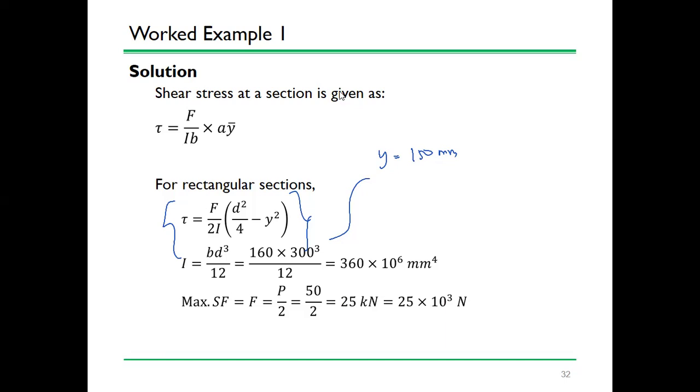Any answers so far? Hey, Joshua, how come you got negative 1.111?